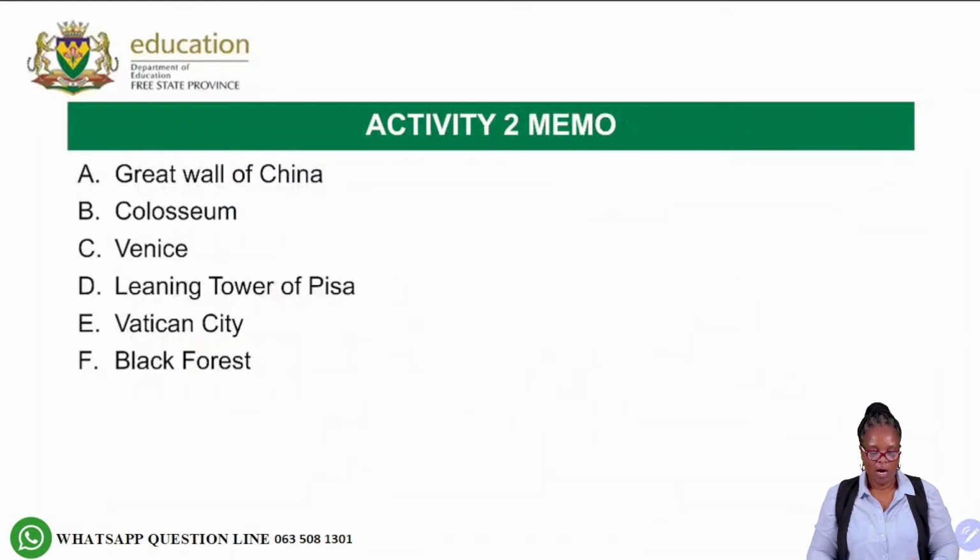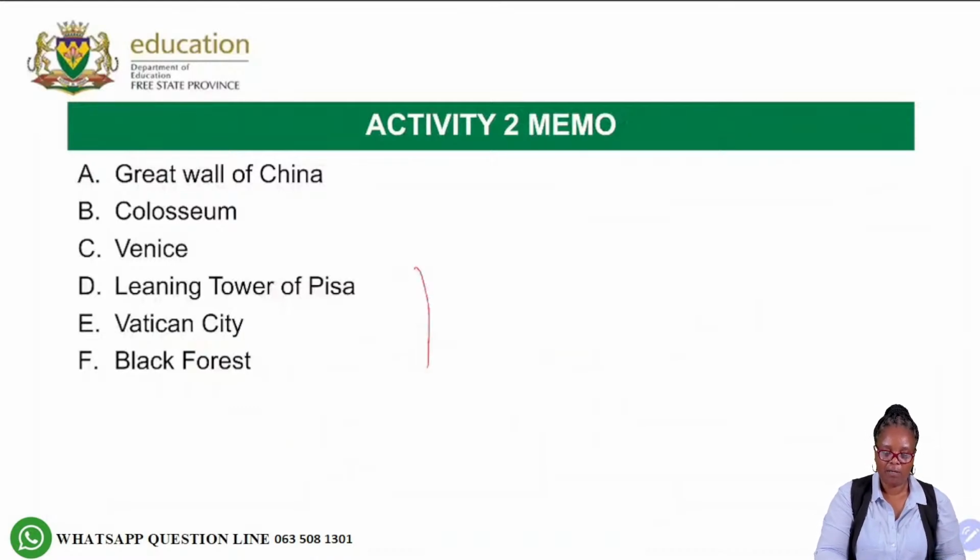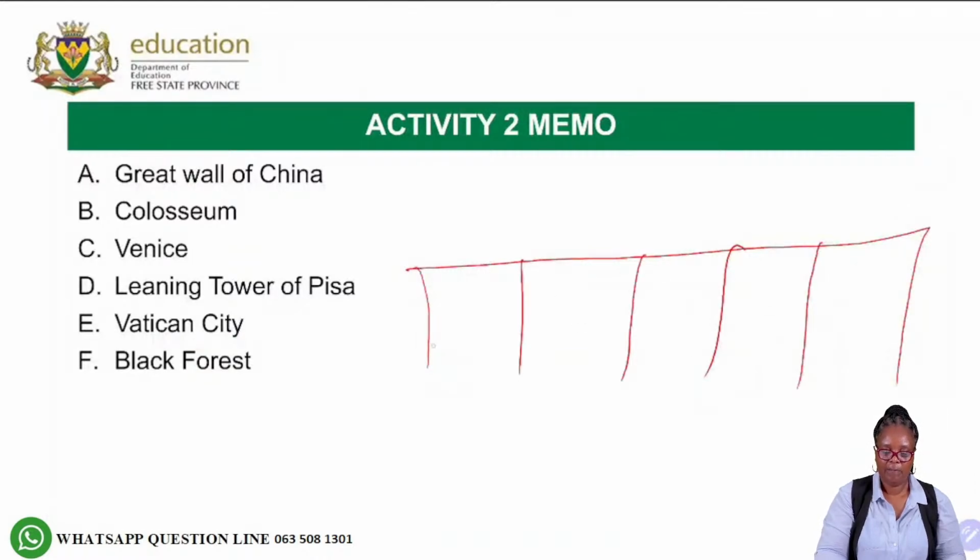Before we go, I want you to do a table for studying the icons. You cannot study the icons without doing this table that we talked about when we started our lesson. I want you to do the table with 5 columns.